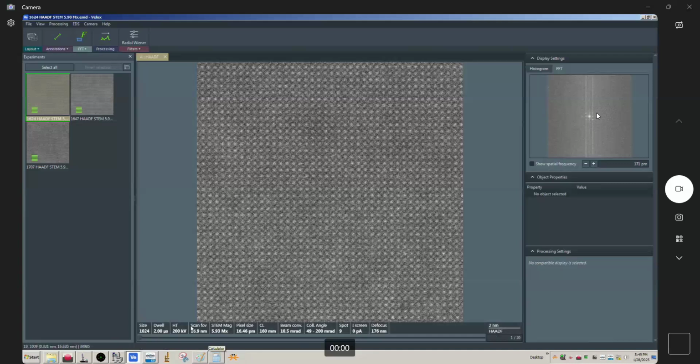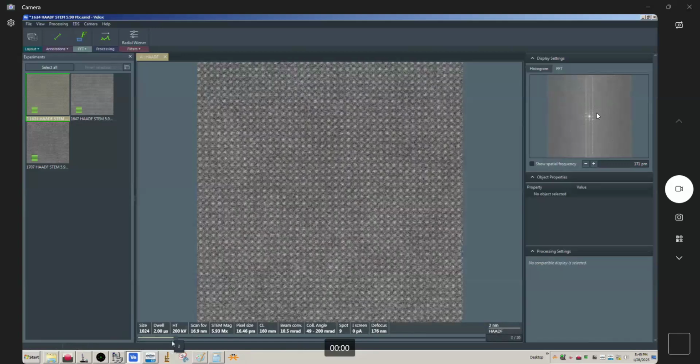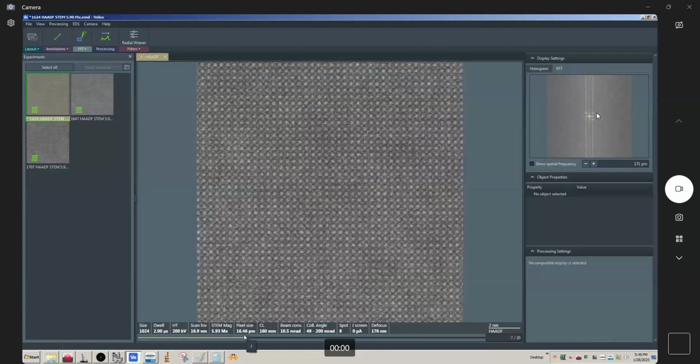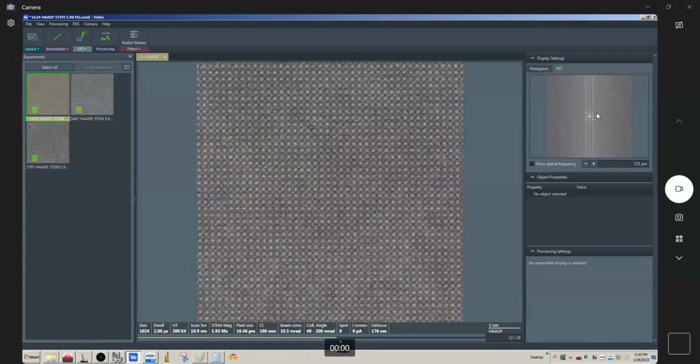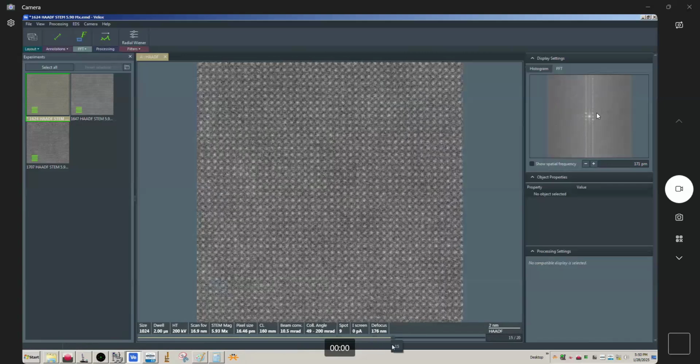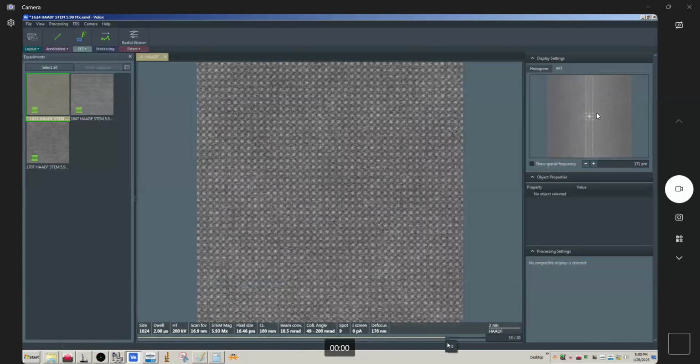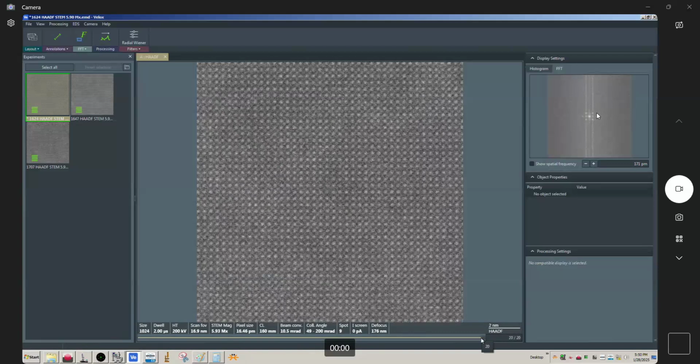Now watch what happens as I cycle through the frames, okay? You can see very clearly that my image is moving, okay? My sample is moving, and it's actually moving in a quasi-chaotic manner, meaning it's not moving in a nice steady drift, okay?